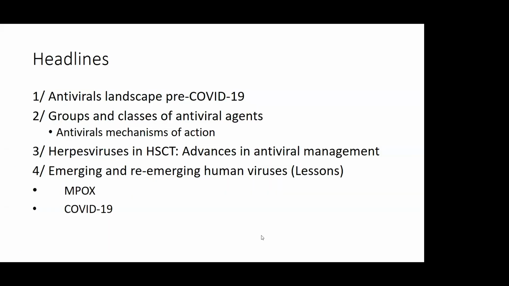The headlines of the talk, maybe before that, you probably noticed from the title that we're not going to have a traditional lecture on antivirals.